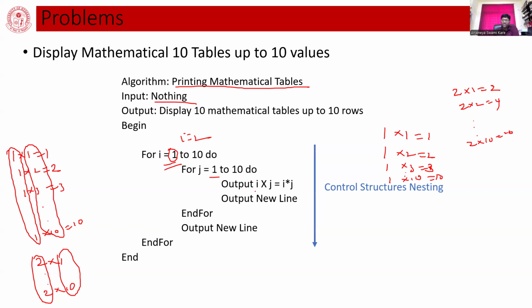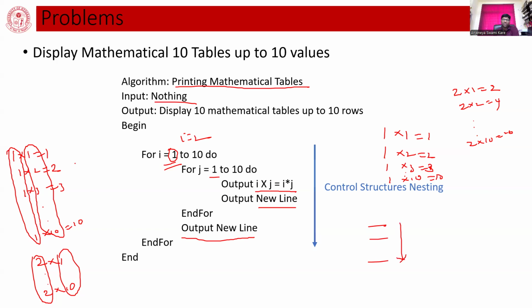Basically, it displays the i value, multiplication symbol, j value, is equal to the product of i and j. Output new line means that the next table entry will be displayed on the next line. After one table is completed, we will display the next table on the next line also, so that table 1, table 2, table 3 come in this sequence.